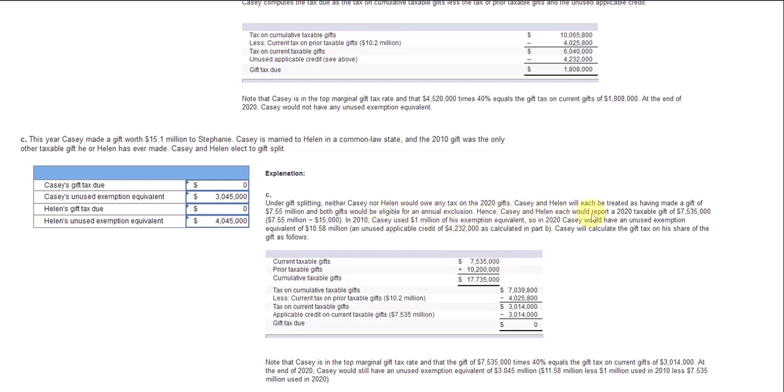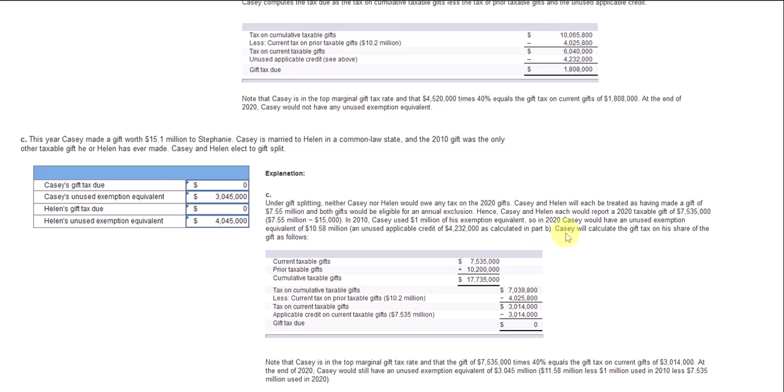Hence, Casey and Helen each would report a 2020 taxable gift of $7,535,000. That's $7.55 million minus the $15,000. And in 2010, Casey used $1 million of his exemption equivalent. So in 2020, Casey would have an unused exemption equivalent of $10.58 million, which is the unused applicable credit of $4,232,000, as calculated in Part B.